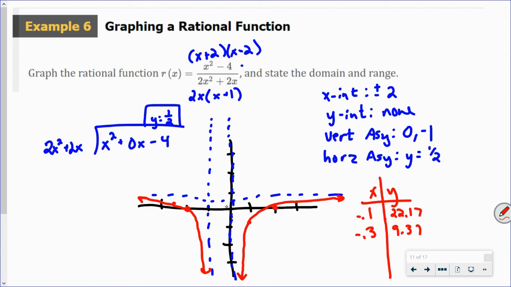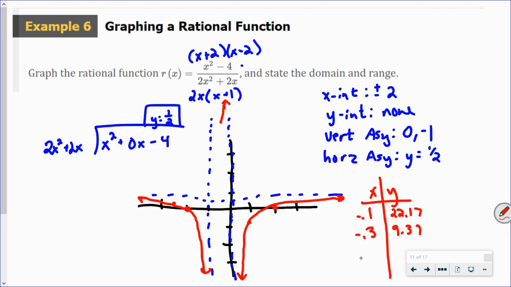Okay, so at -0.1, we're really high. So we're way up here. -0.3, way down here. So we're approaching this way, but does it come down here? Does it turn around? What happens? You can look at your graph on your calculator to help you determine that, or you can just keep picking numbers.